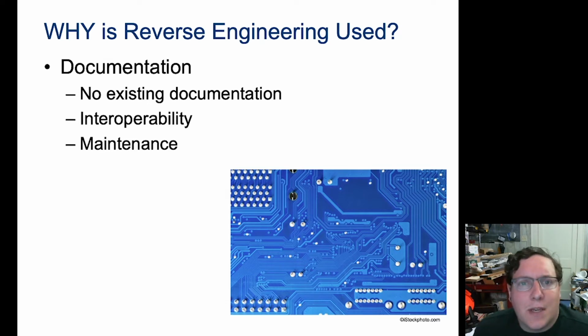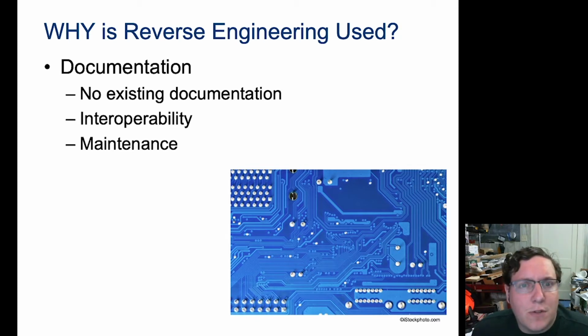So, documentation. Probably this is the most fundamental reason for reverse engineering, whether you know that documentation has disappeared. Maybe it's an older item, 50 years old, 100 years old, where the documentation is no longer available, or you've got cases where it is available, but only to people that pay for that license.